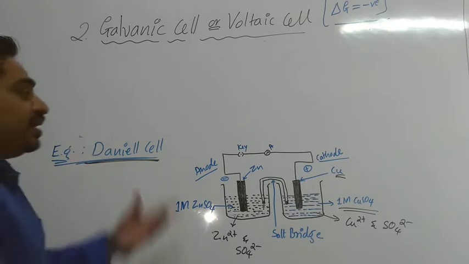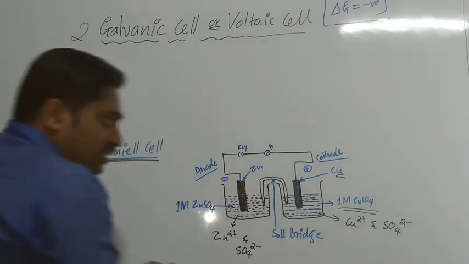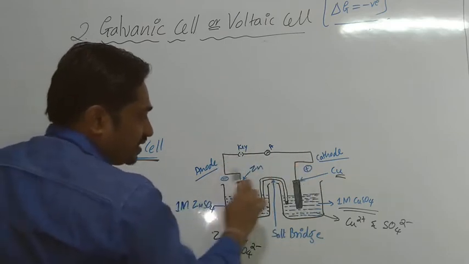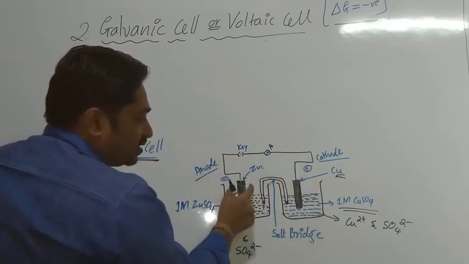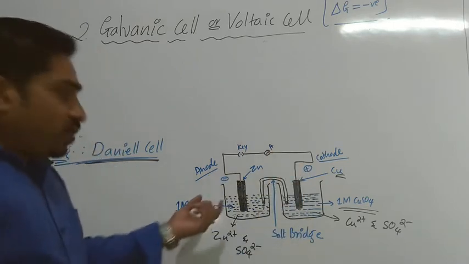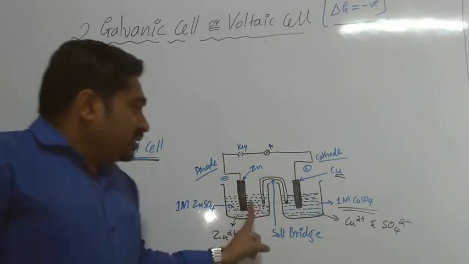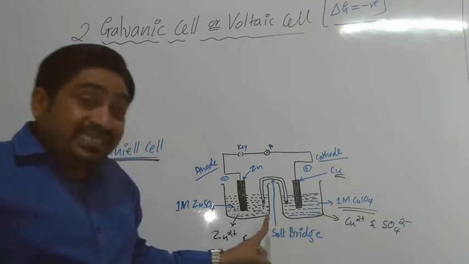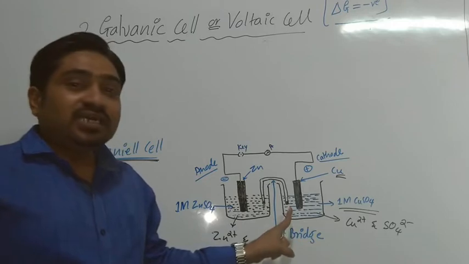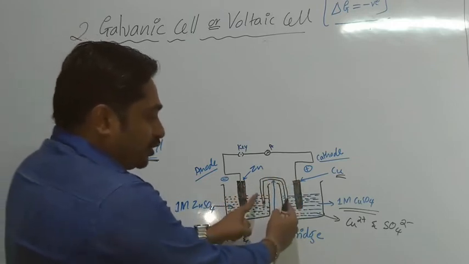These two electrodes are externally connected by an electric wire, and internally connected by a salt bridge, an inverted U-shaped tube.